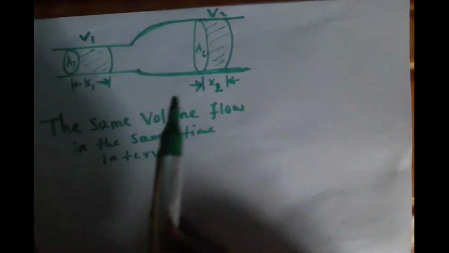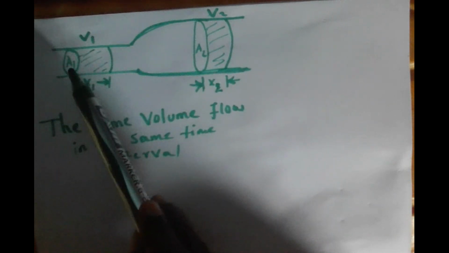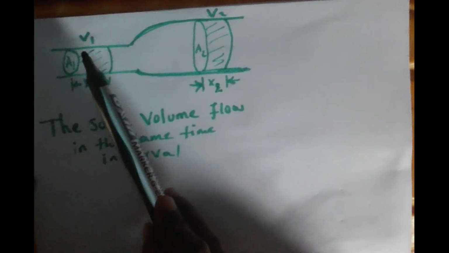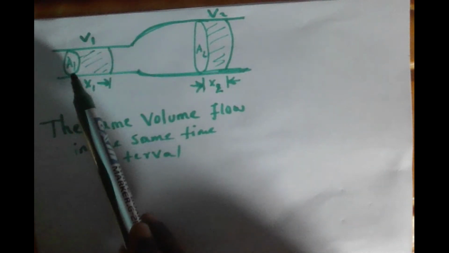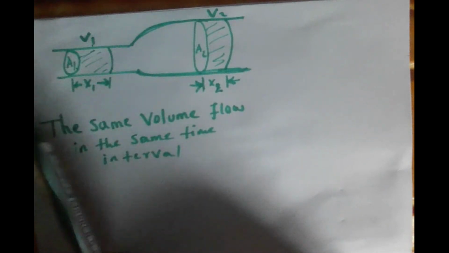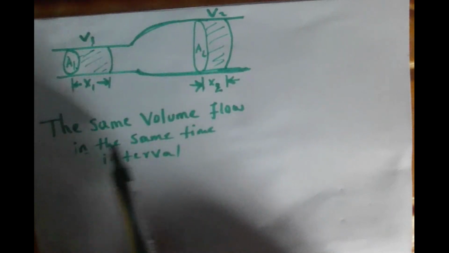Okay, now this is a flow rate. Now let's consider the tube with smaller area A1 and larger area A2. So in case of this smaller area, let's consider the volume V1 and V2, and we have area 1 x1 and area 2 x2. So the same volume flows in the same time interval.